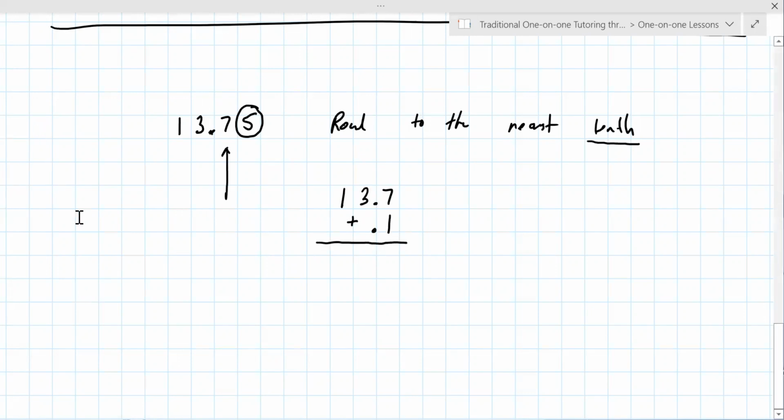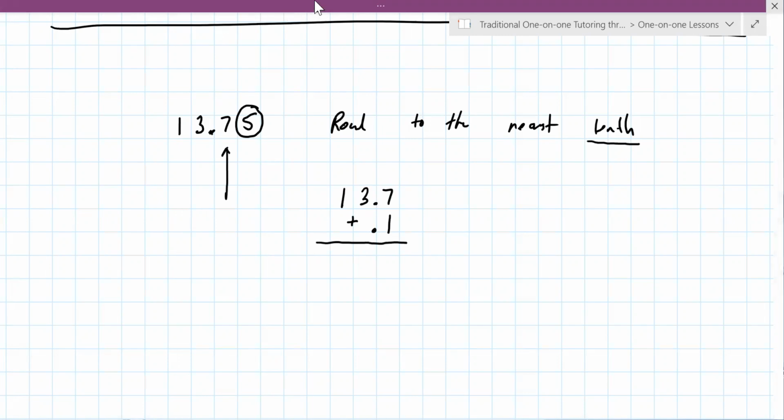Okay, so 13.8. Yes. So do you see that the 1 and the 3 did not change, but the 7 did? Yeah. We lose the 5, but that's because we're rounding.